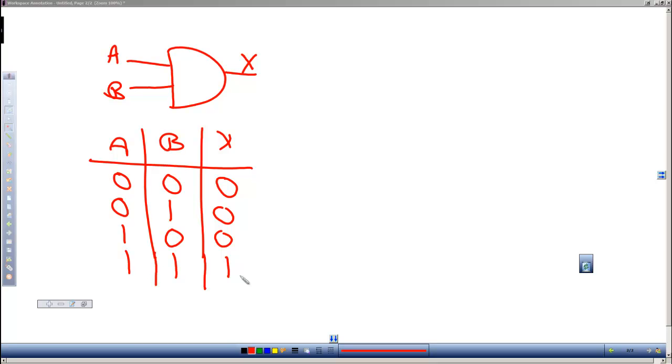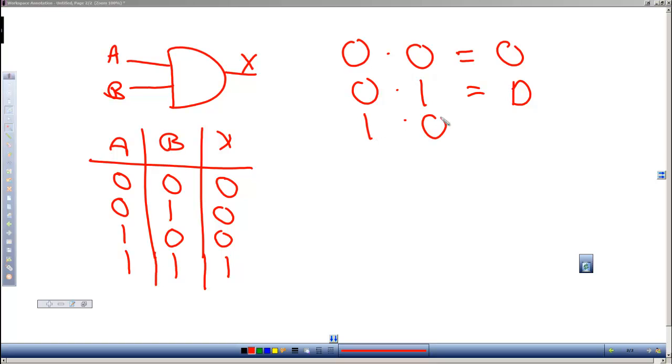Well, that behavior is very similar to multiplication. So we could say 0 times 0 is equal to 0. 0 times 1 is equal to 0. 1 times 0 is 0. And 1 times 1 is equal to 1. So we would have that multiplication.